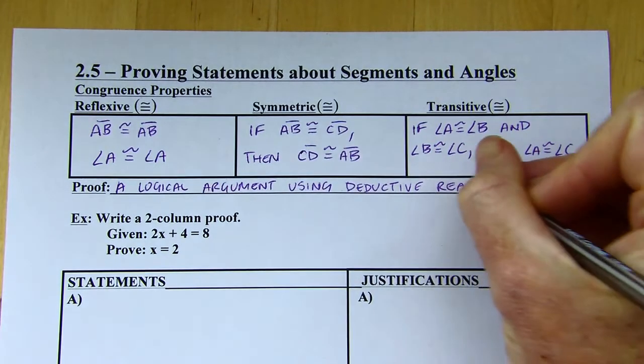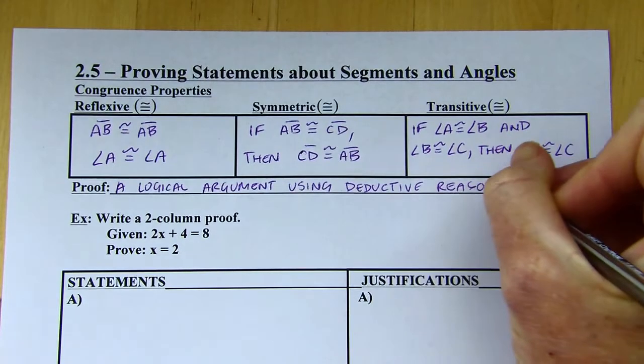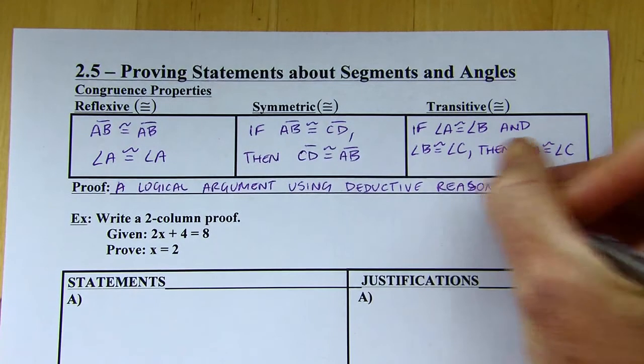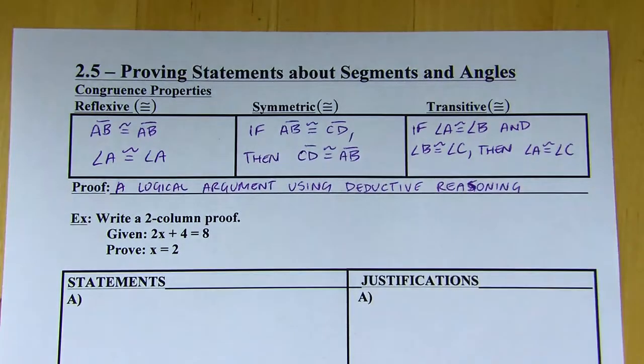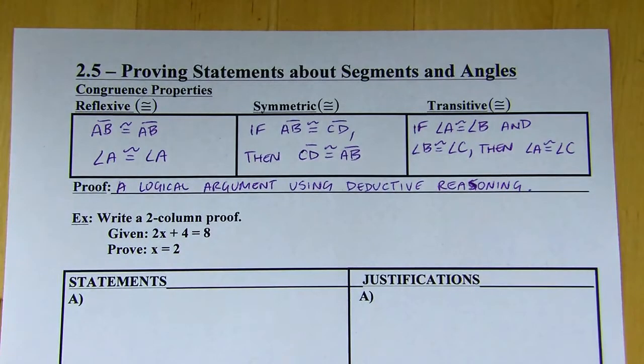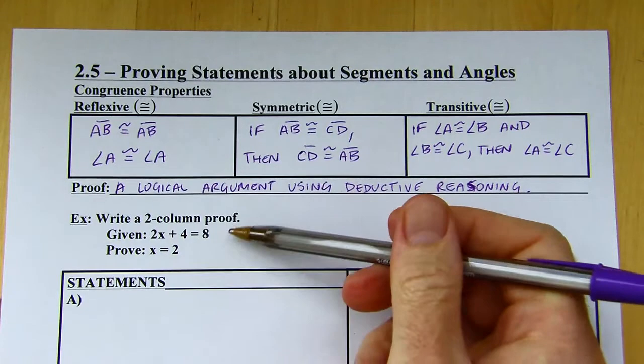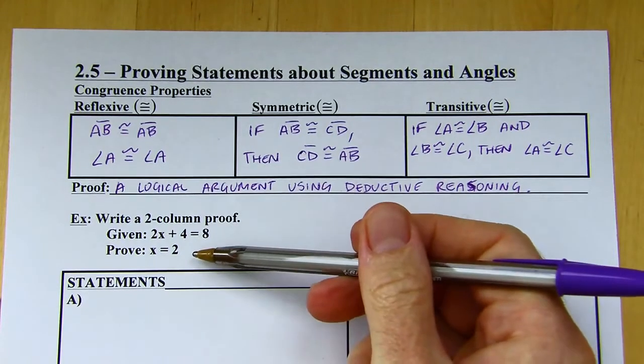Okay, so we're going to go step by step and logically work through until we get where we want to go. And we're going to show how we got there. We're not going to make any jumps, any guesses, or anything like that. So I'm going to use the given information to get what I'm trying to prove.